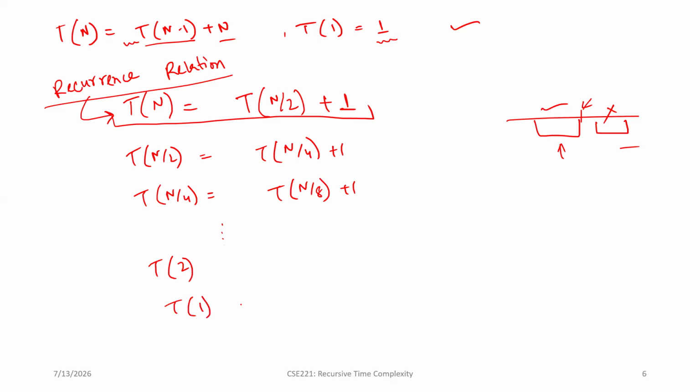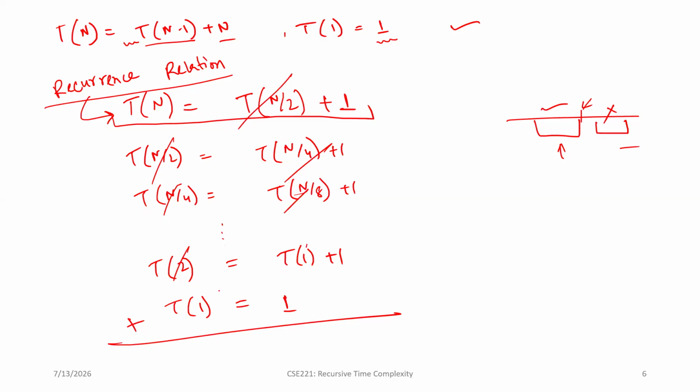It will eventually go down to 1. The base case of binary search. And before that, T of 2 equals T of 1 plus 1. So, we add up all the terms here, and these ones should cancel out, cancel out, cancel out.